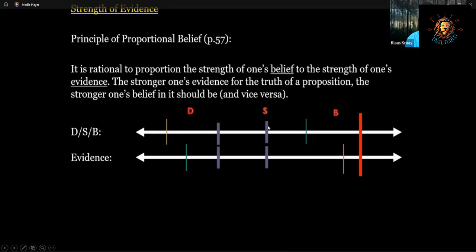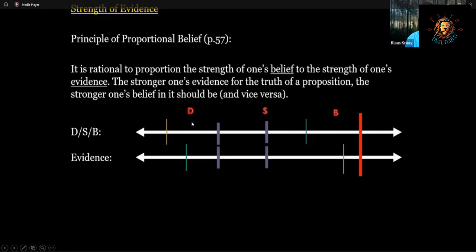So here in the middle, you have suspend judgment. You don't know. Maybe it's true, maybe the proposition's false, you don't know. On this side of the line, you have the belief line, right? So on this side, you have B, you should believe that the proposition's true. And you have the various lines or degrees of credence that you can have. This is a weaker line. This means you have a stronger level of belief, a stronger degree of confidence or credence.